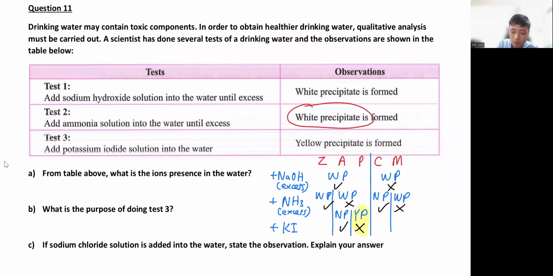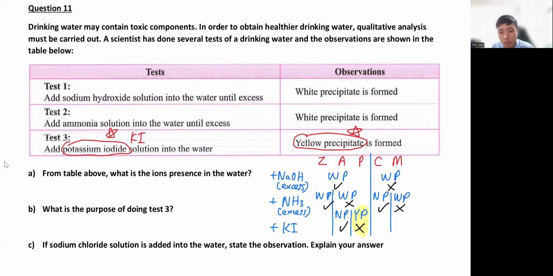White precipitate form. Test three, I add potassium iodide. Keyword. And I got yellow precipitate form. What is the ion? This one very simple. I got yellow precipitate when I add KI. The only possible is lead 2 ion.